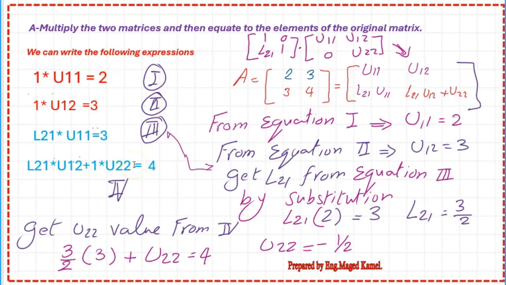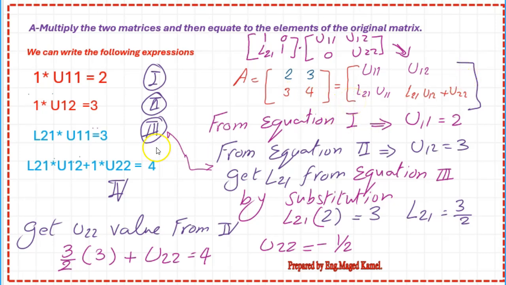We'll start with the first equation, U11 equals 2, which is very straightforward and gives us the value of U11. The second equation, U12 equals 3, will be here. At first glance, we find that this one equals this, and this one equals this. So this is a quick way to determine these two values.